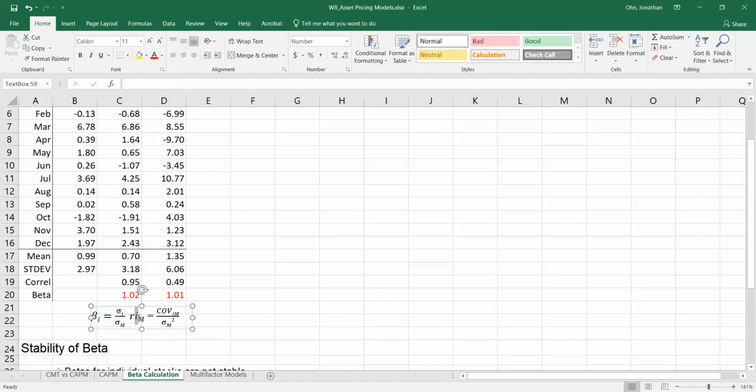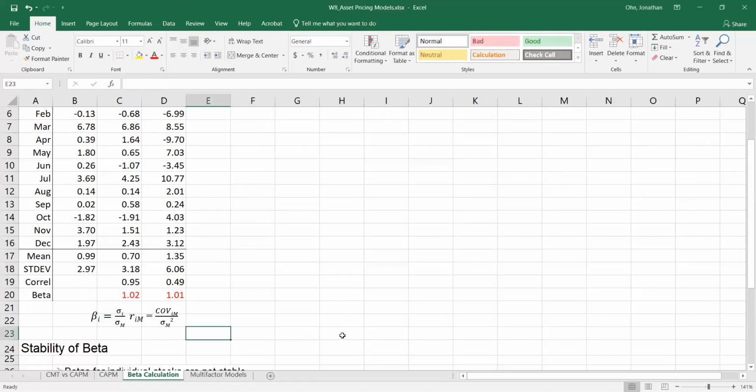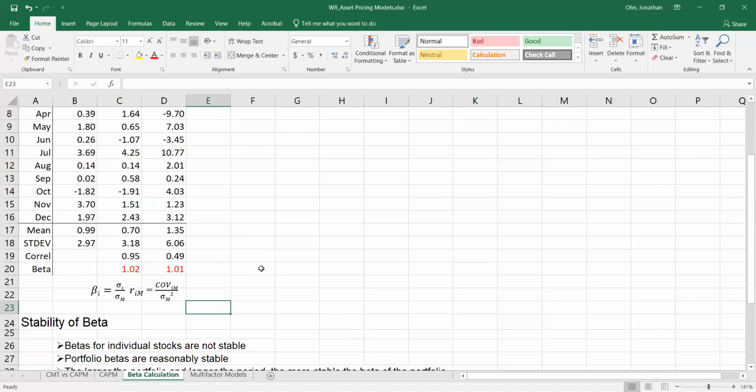That is how to calculate beta mathematically.